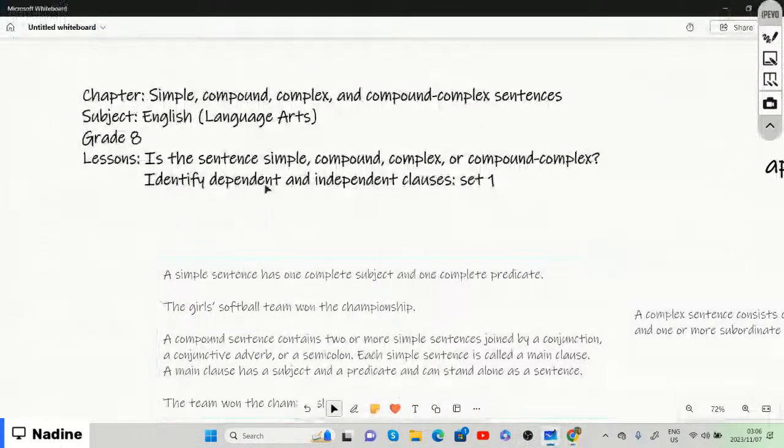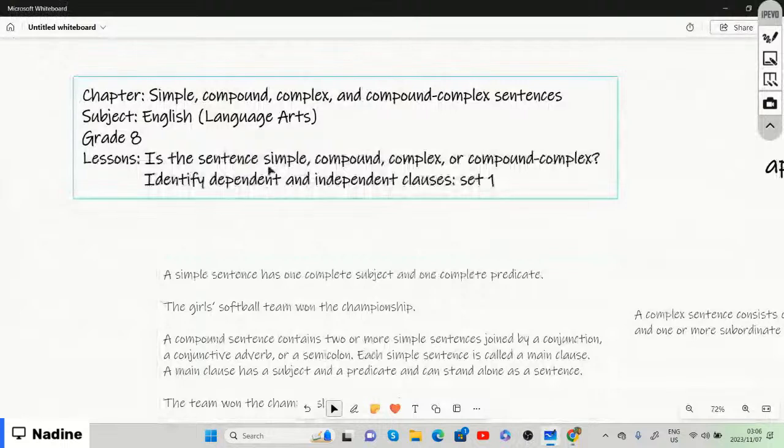We are going to explain deeply about simple, compound, complex, and compound complex sentences. The subject is English language arts, grade 8.